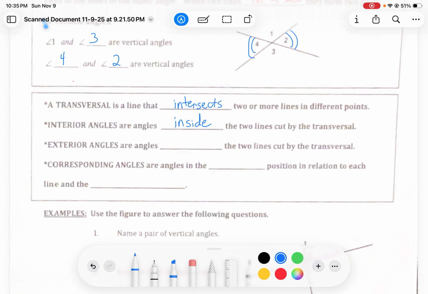And exterior angles are angles that are on the outside of the two lines that are cut by the transversal. And corresponding angles are angles in the same position. And you'll see what that means when we get into it, but they're in the same position in relation to each line and the transversal.